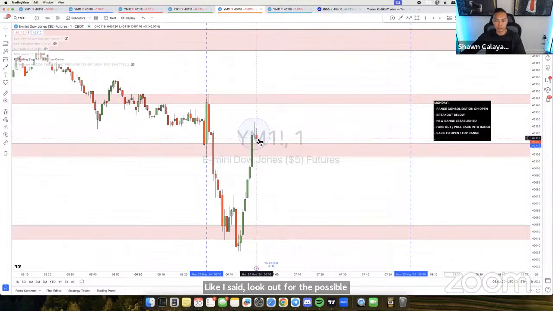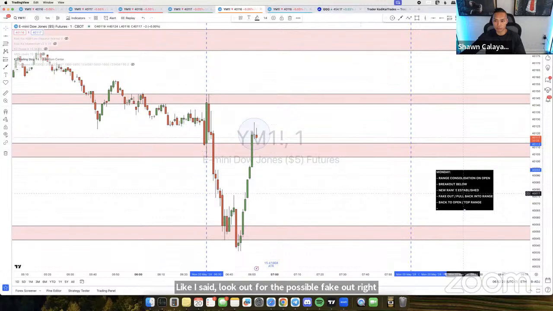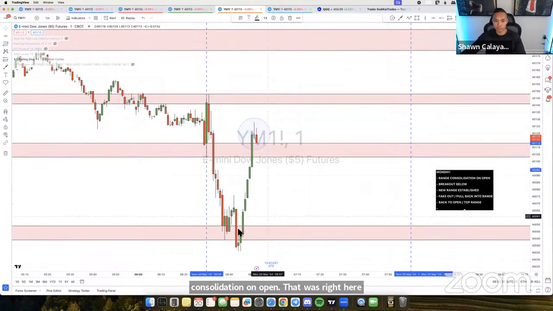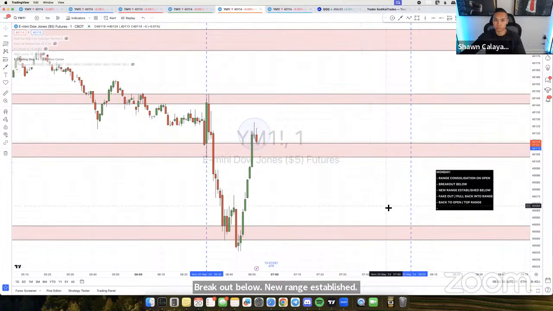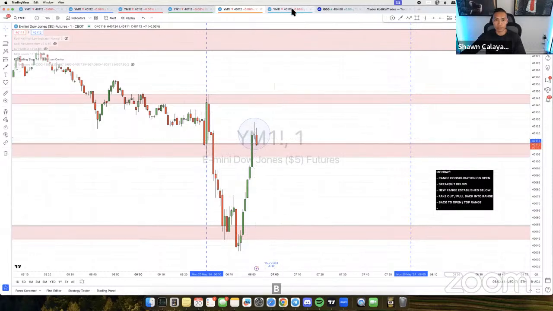You can see price is trying to make its way back down. And I'm just putting all this stuff in order. So range consolidation on open, that was right here. Breakout below, new range established. Fake out, pull back into the range, back to open top range. And it looks like we're getting that fake out right there.